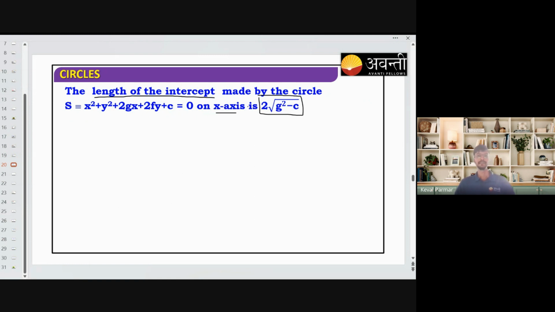Right, guys? Now, what is meant by length of x-intercept? Let's say this is the given circle and this is the x-axis. So the x-axis cuts a chord. Let's say this is point A, this is point B. So this AB is called the length of x-intercept.